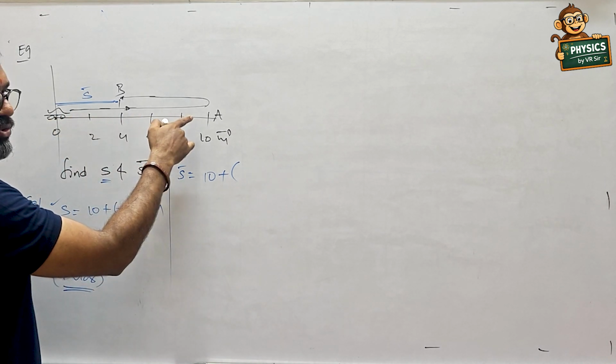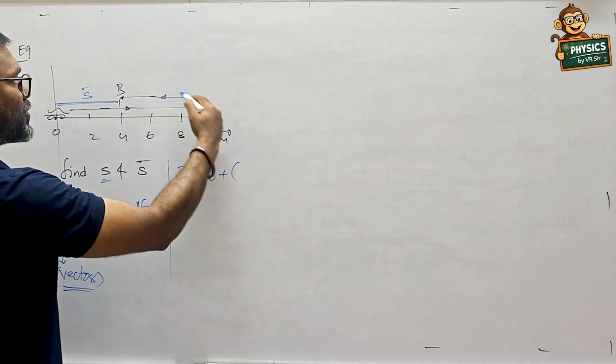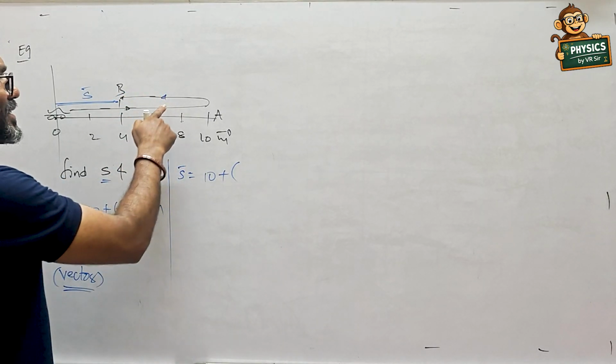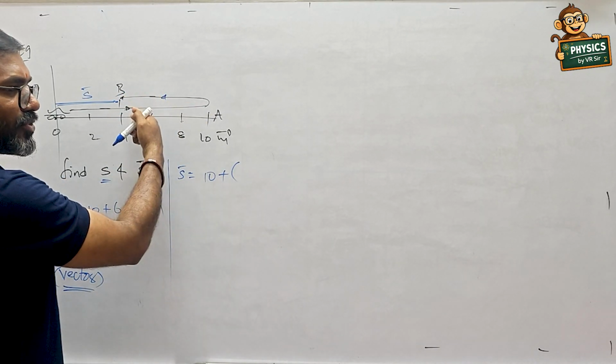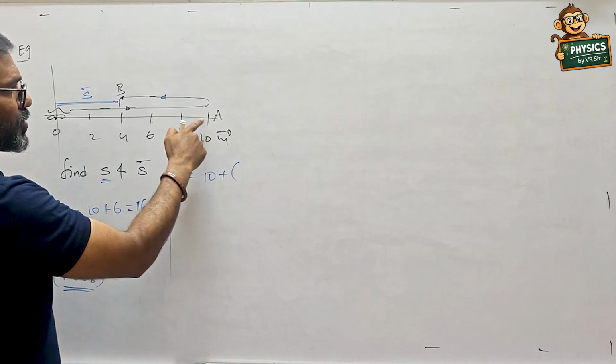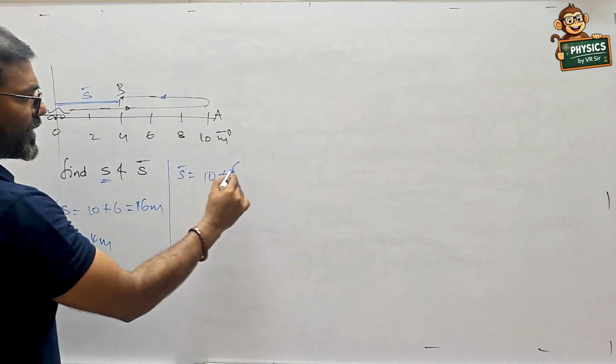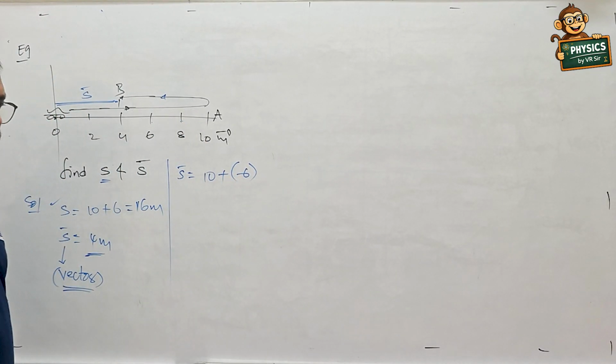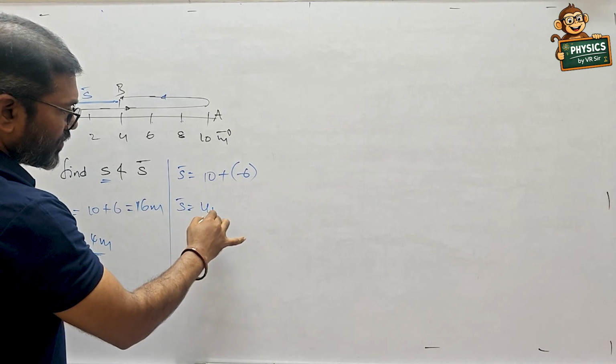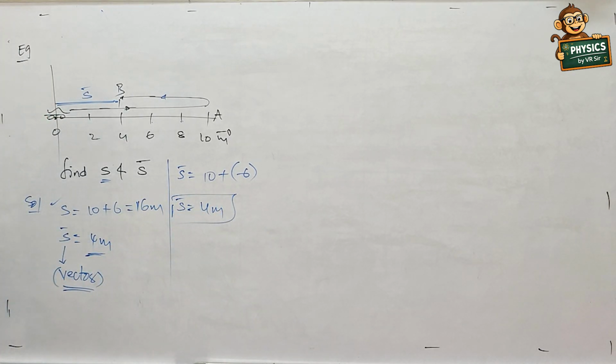So you are taking this positive x direction. After that it has moved from A to B, so it is negative. Direction we should include. So negative means 2, 4, 6, it's minus 6. Now if you write this, it is 4 meters, that's all. This is one more way we think about.